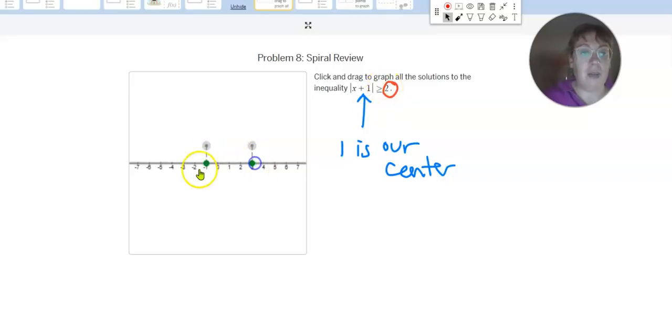It is greater than or equal to, so we can fill it in. Fill in those circles. And it's greater, so we want it to be bigger than that distance of 2, so we're going to shade on the outside. Beautiful. Make sure you have those closed circles and outward shading.